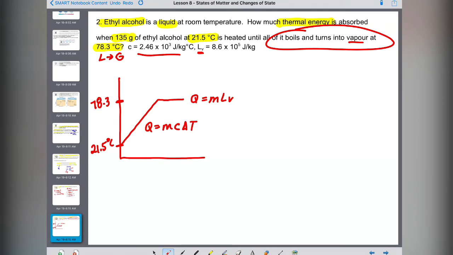So that means this is a two-part question. So Q total is going to equal mc delta T for when it is still liquid, and then adding the amount of heat that it takes to evaporate it.